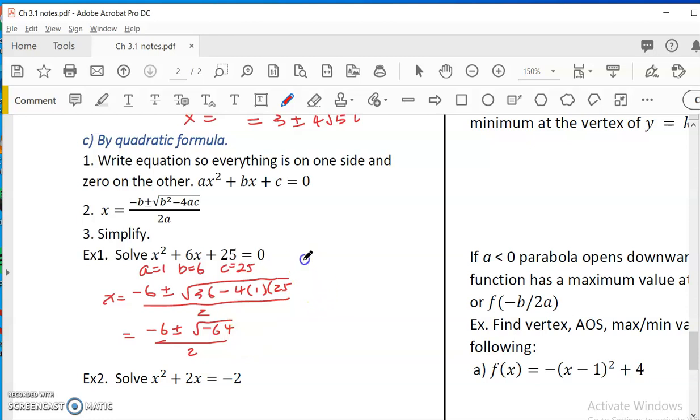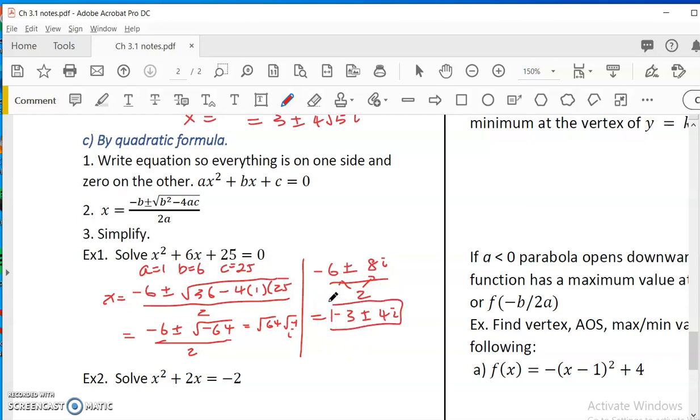Early on, before we learned complex numbers, we'd say no solution, but now we can. Square root of negative 64 is 8i, right? Because this equals square root of 64 and square root of negative 1, which is i. So we write this and divide by 2, and you can split it, becoming negative 3 plus and minus 4i. Remember to divide both terms, not just one. That's the answer.